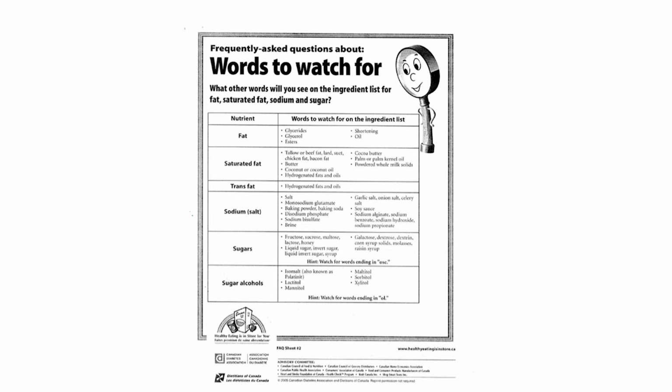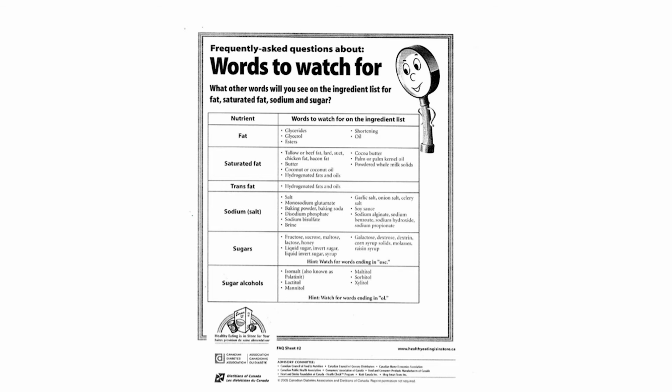If you're going for sugar and looking at the ingredients, you'll see different words in there like fructose or sucrose. You might find honey, liquid sugar, syrup, corn syrup, molasses. All those things would be considered sugars, but they will be listed down in the ingredients.